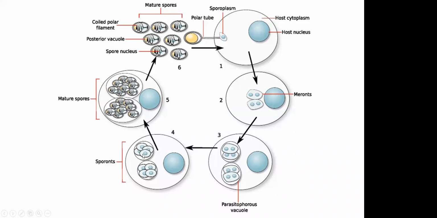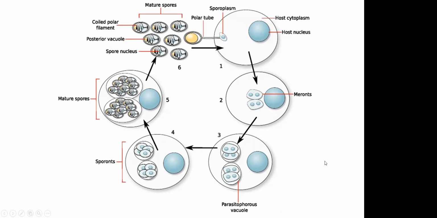I think the details here aren't important, but the mature spores end up inside these vacuoles inside the host cell, and they are then available to be released and proceed with their job of infecting new host cells.